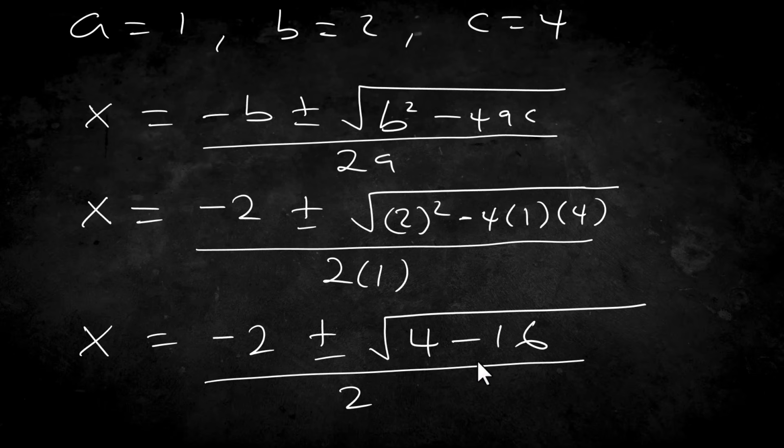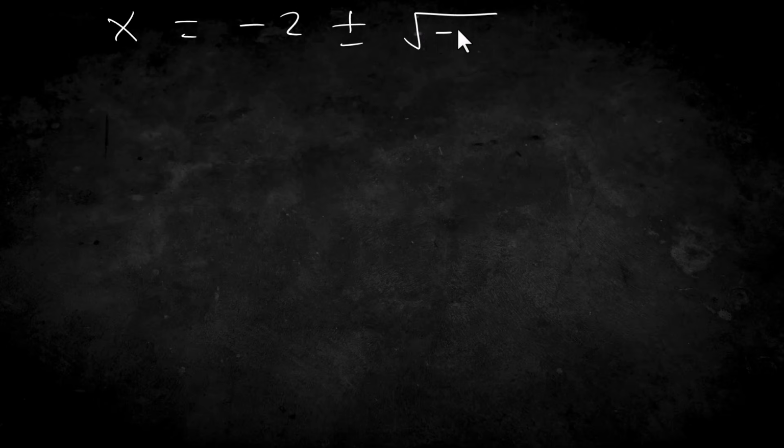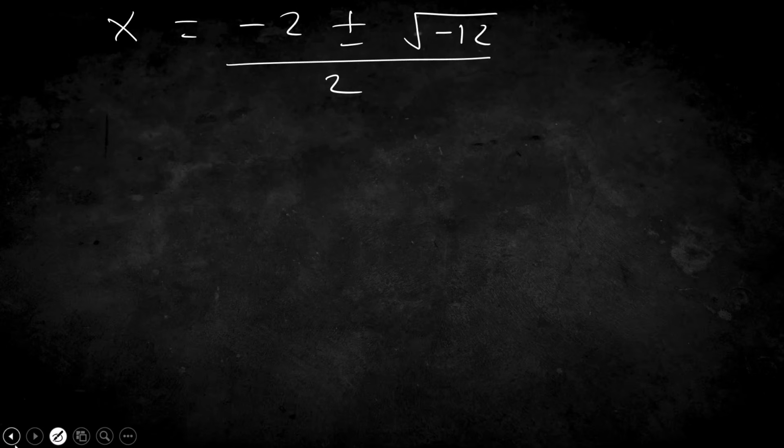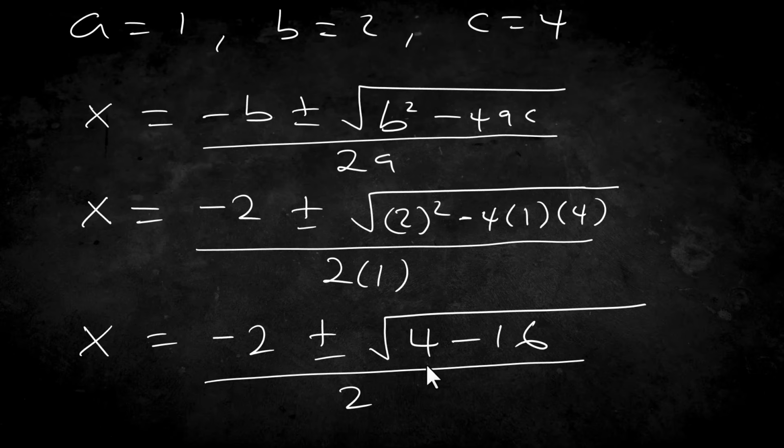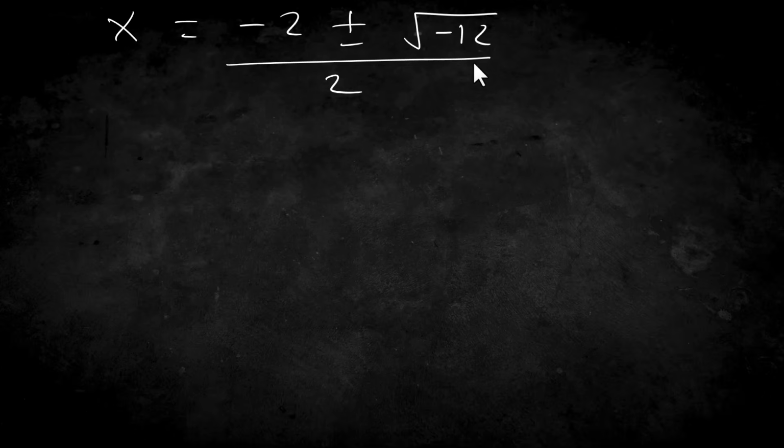Okay, so this side will be minus 12. So we have x equals minus 2 plus or minus the square root of minus 12 on 2. So this side becomes complex. So remember, the square root of minus 1 is the same as i.